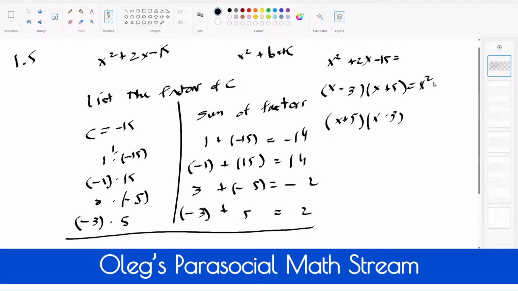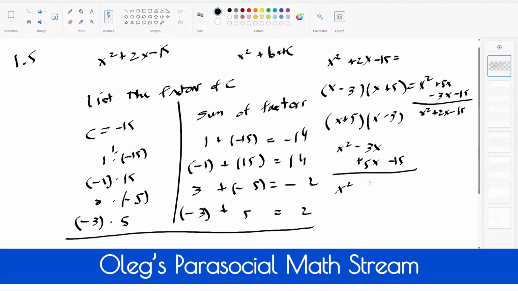x times x is x squared. Then we're going to have plus 5x minus 3x minus 15. So that's x squared plus 2x minus 15. And here we have x squared, again, minus 3x plus 5x minus 15.